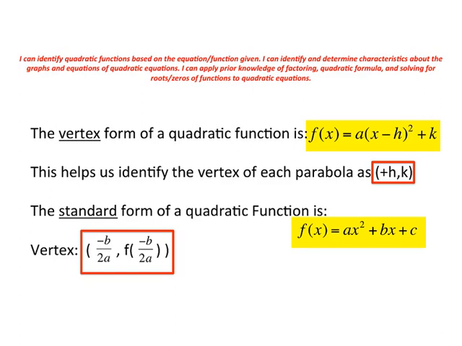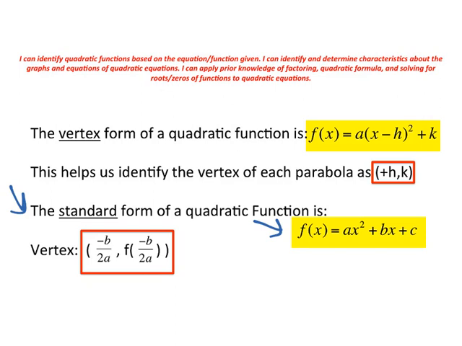Okay, so let's start with what we already know, or what we are already familiar with. We already know the standard form of a quadratic function. Again, that is what we are going to call standard form for this class, highlighted in yellow at the bottom next to the blue arrow. Ax squared plus bx plus c.